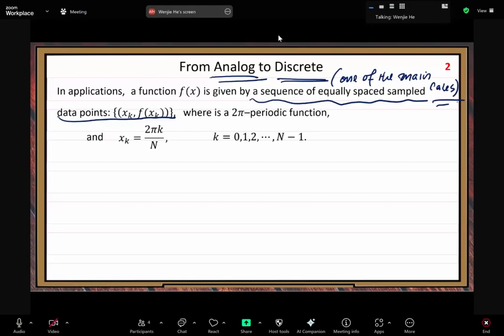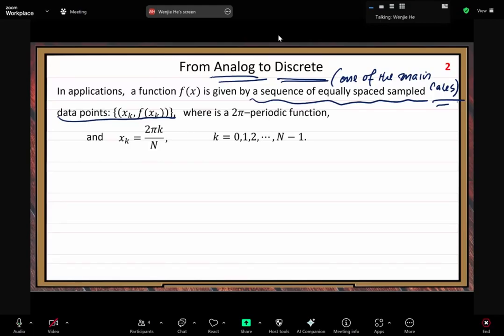In that case, we still do the sampling and get sampling values, but the space between two adjacent sampling values is not equal. That's another case.